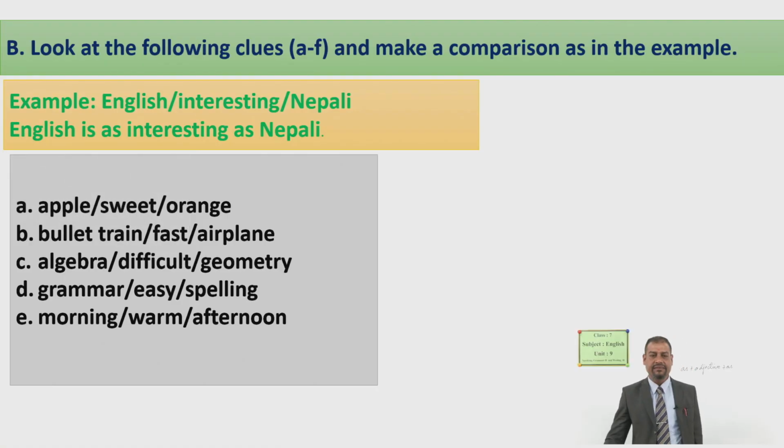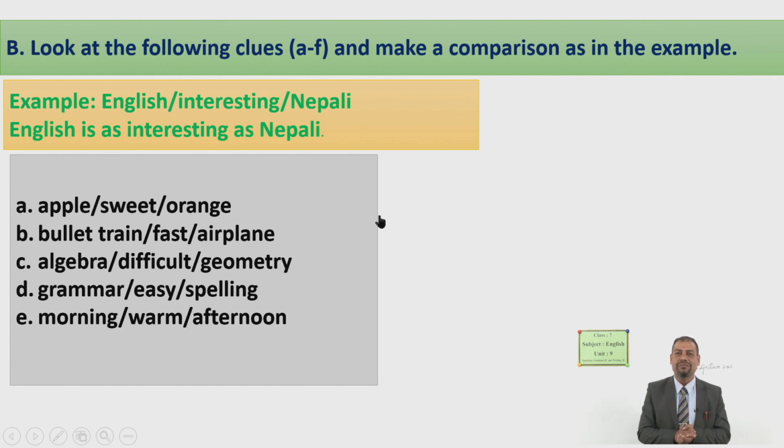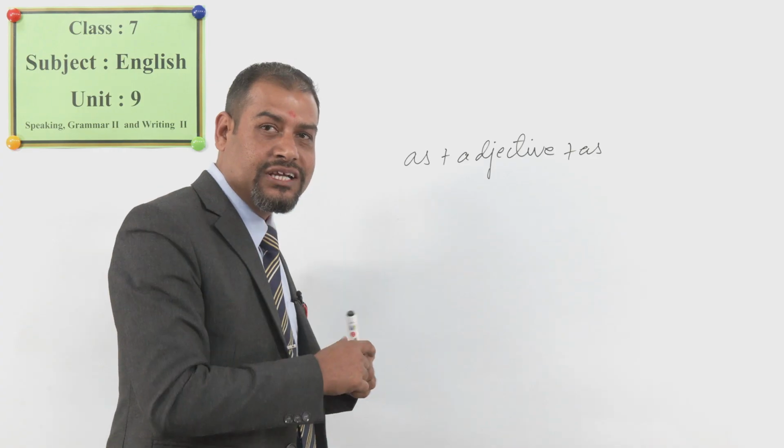Now you can see we have some clues here. A, apple, sweet, orange. Now using this structure, how do you compare between apple and orange? Now all of you practice saying it. Well done. Your sentence should be, apple is as sweet as orange. So I want to write it down. Please, all of you tell me once again.